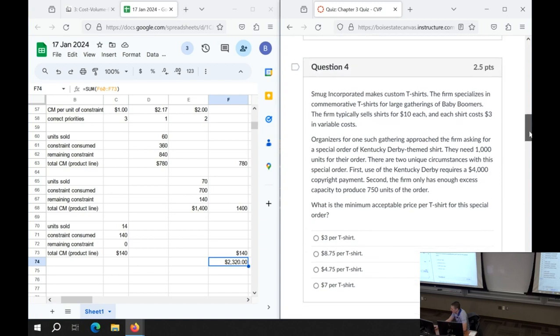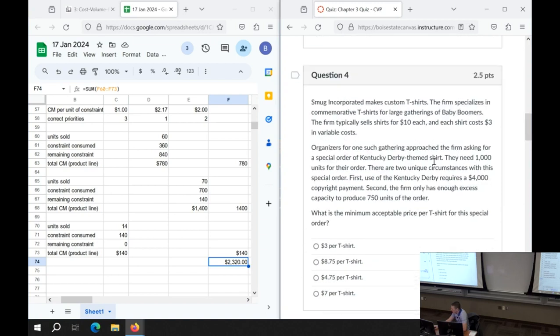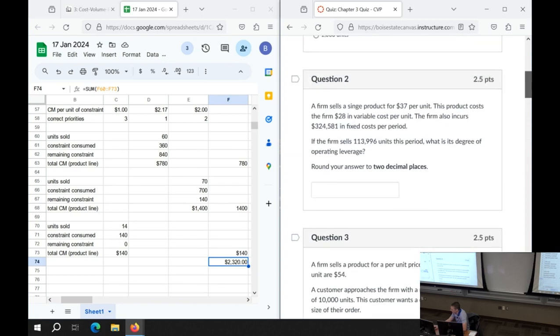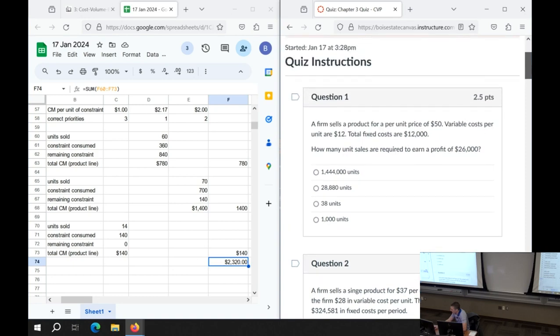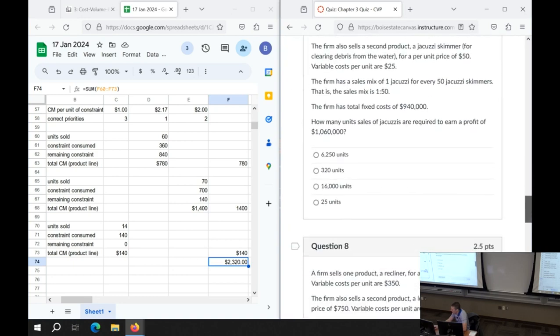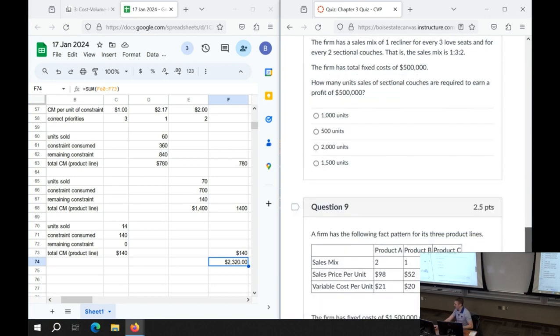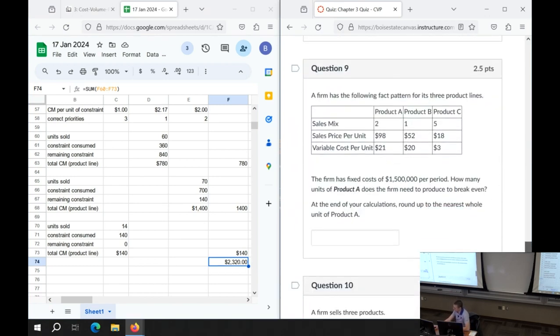And I want to include it because it's in this same general style. We also need to figure out some special order problems and some degree of operating leverage and margin of safety problems. So let's go back to the margin of safety, degree of operating leverage world for a minute here.